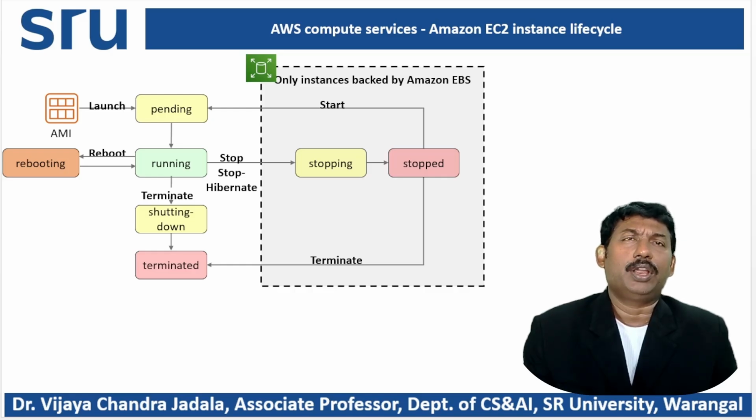Next comes rebooting. Rebooting is an Amazon Web Services provision. When you use the reboot option of the instance, the Amazon EC2 console will close and it will restart itself. You can use the rebooting option through the Amazon EC2 console, or you can write a small code with the CLI or SDKs to reboot the Amazon instance.